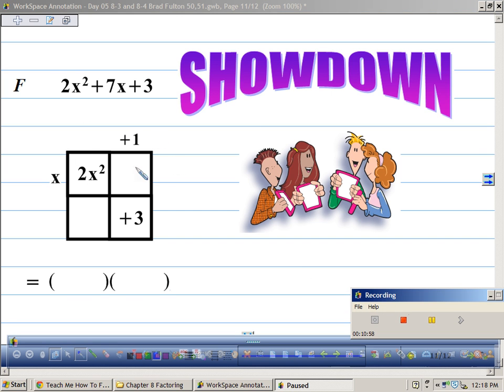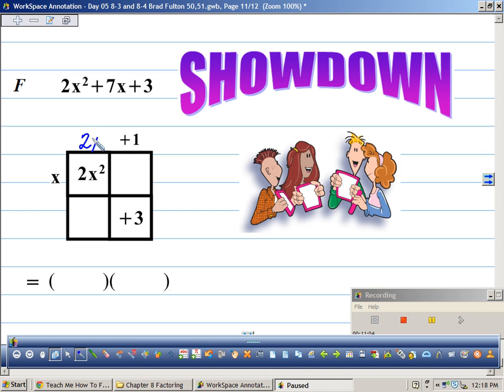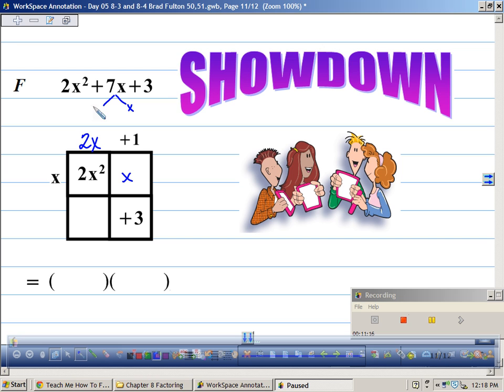Okay, so if you would have gotten stuck on this one, you could have said, well, X times 2X, since they already gave me X here, is 2X squared, and X times 1 is X. So I know one of these has to be X. And if one of them's X, what's the other one going to be? What plus X makes 7X? 6X.